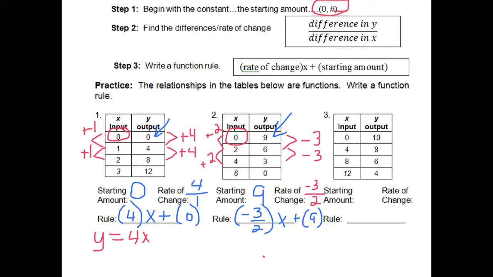So let's go ahead and write out the answer. y equals negative 3 halves x plus 9. That's our answer. So go ahead and pause the video and do number 3 following the exact same steps on your own.